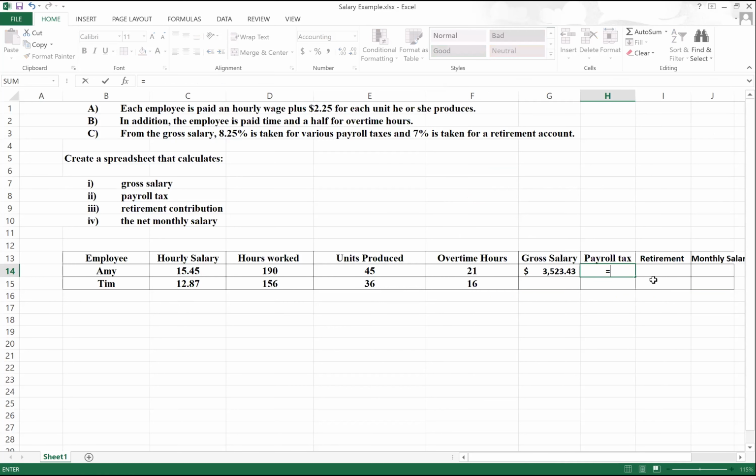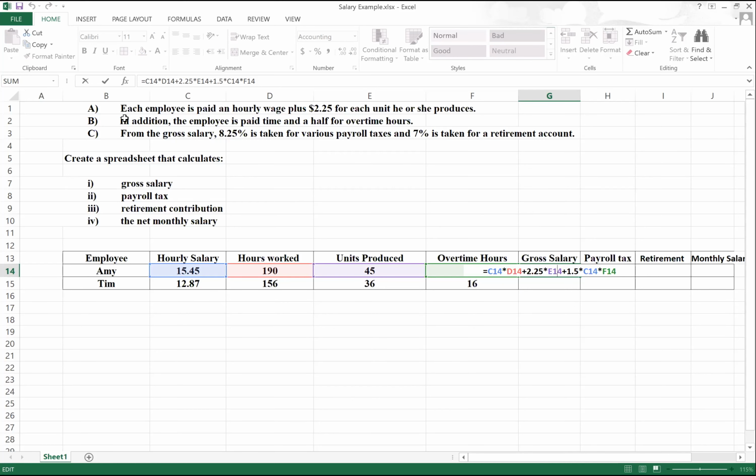Then payroll tax. Can I ask a question about gross salary? Definitely, go ahead. So it's the hourly salary times hours worked, plus commission times units produced, and then what else? And then plus overtime pay, right? They have some overtime hours. Overtime pay is 1.5 times as much, right? Where do you get the 1.5?